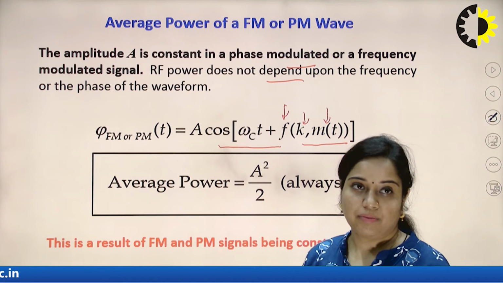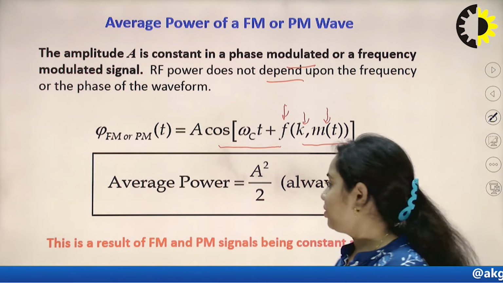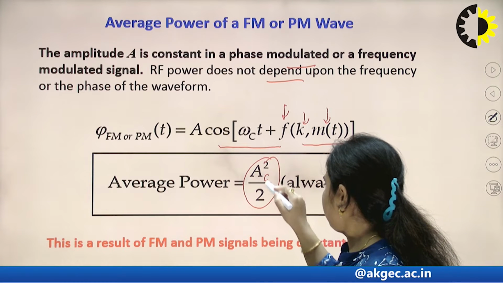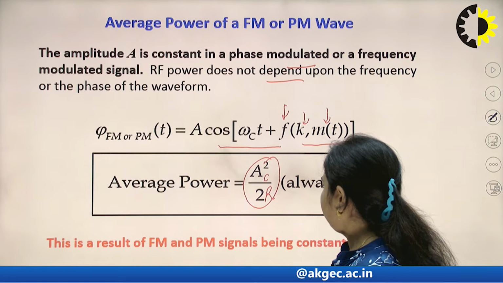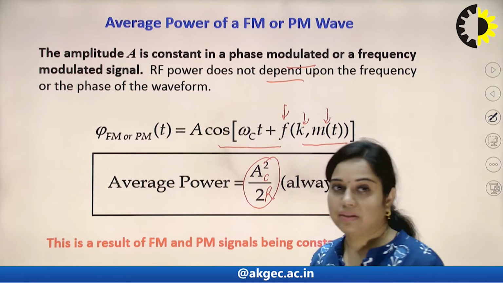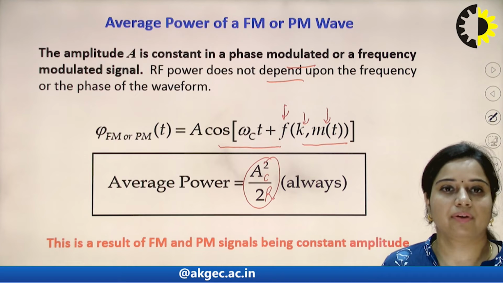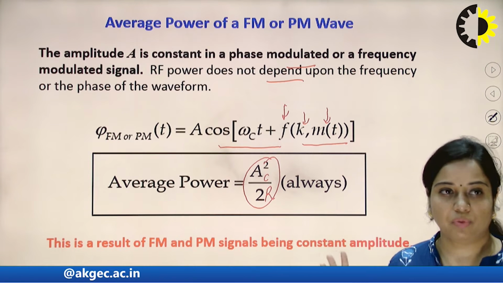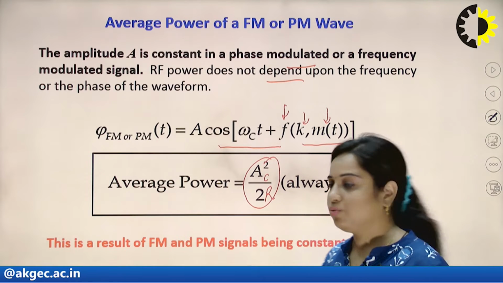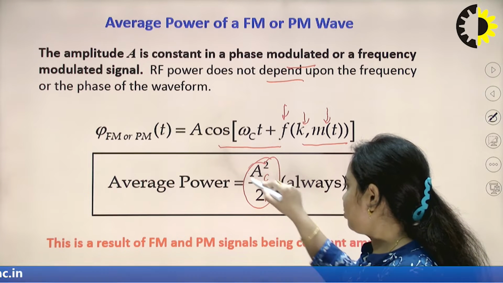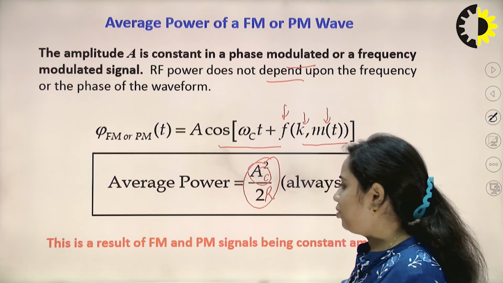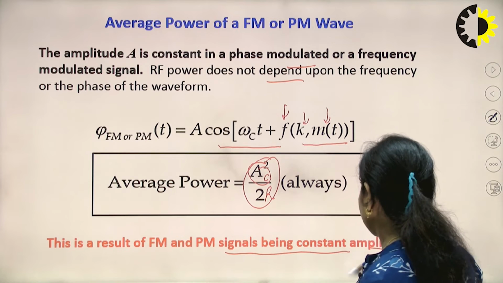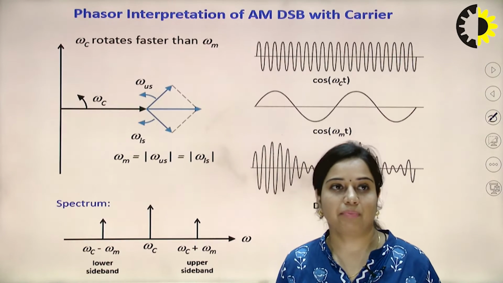So the average power from this particular equation can be written as A square by 2 or Ac square upon 2R. Now if R is the resistance, if the resistance is not given, we can consider it as 1 ohm, and if it is given, then you have to consider that in this formula. Next is Ac square, that is the amplitude of the carrier signal. So this is the result of FM and PM signal having constant amplitude.